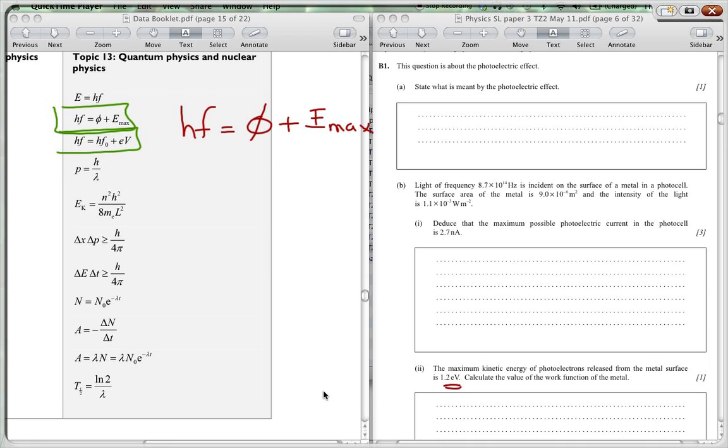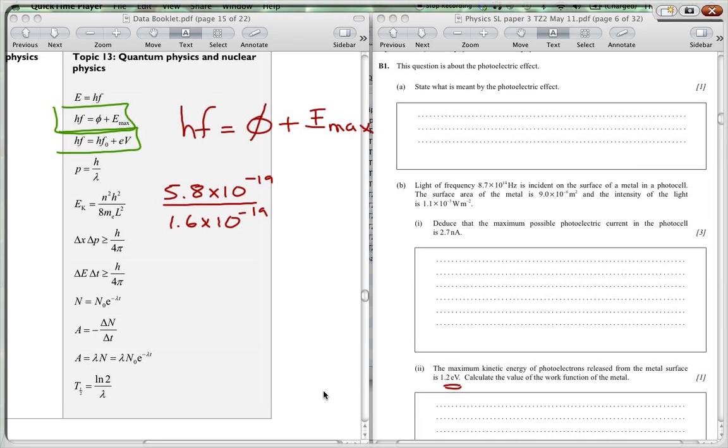Now remember, we already calculated that the energy of one photon, the hf over here, was equal to 5.8 times 10 to the negative 19 joules. When I'm going from joules to eV, I divide by 1.6 times 10 to the negative 19.